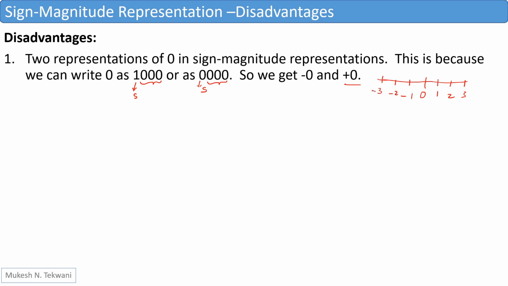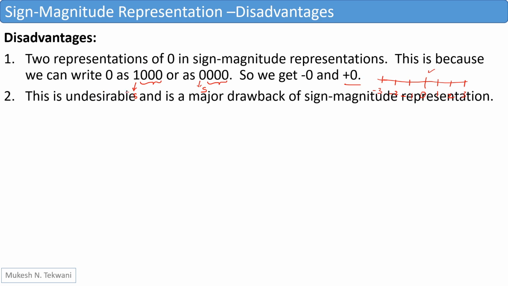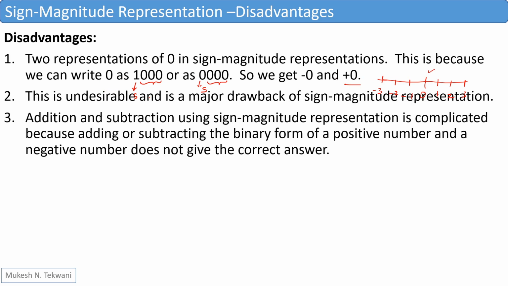So 1, 2, 3 can have a negative equivalent -1, -2, -3, but 0 has a singular value. So this is a disadvantage with the sign magnitude representation, and it's a major drawback, right?